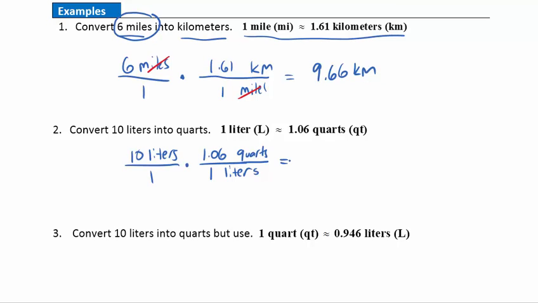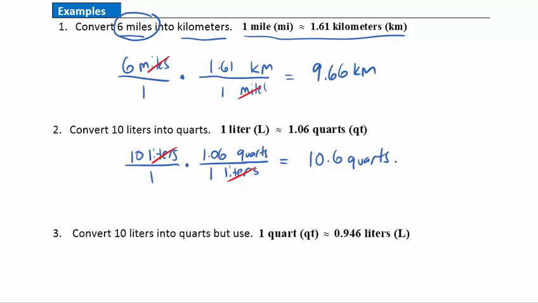You can see my units of liters dividing out, leaving me just quarts, so I know I've set this up right. 10 times 1.06 just moves the decimal 1 place to the right, so that's 10.6 quarts.